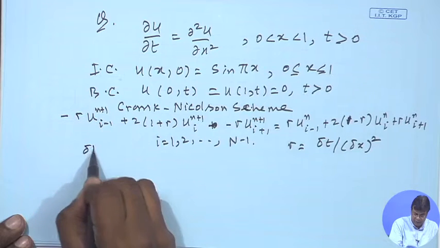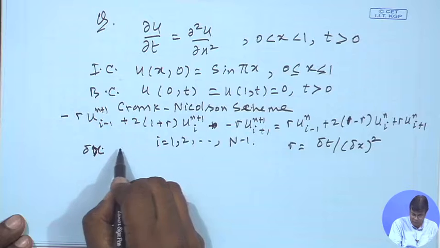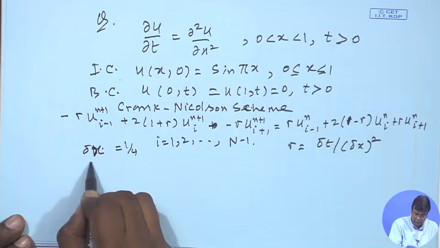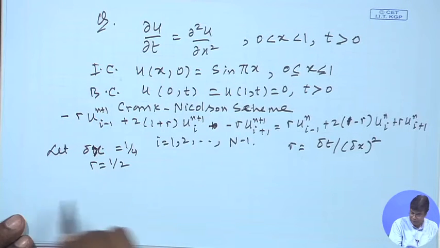So if I choose delta x as 1 by 4 and r equal to 1 by 2, let us take this one.